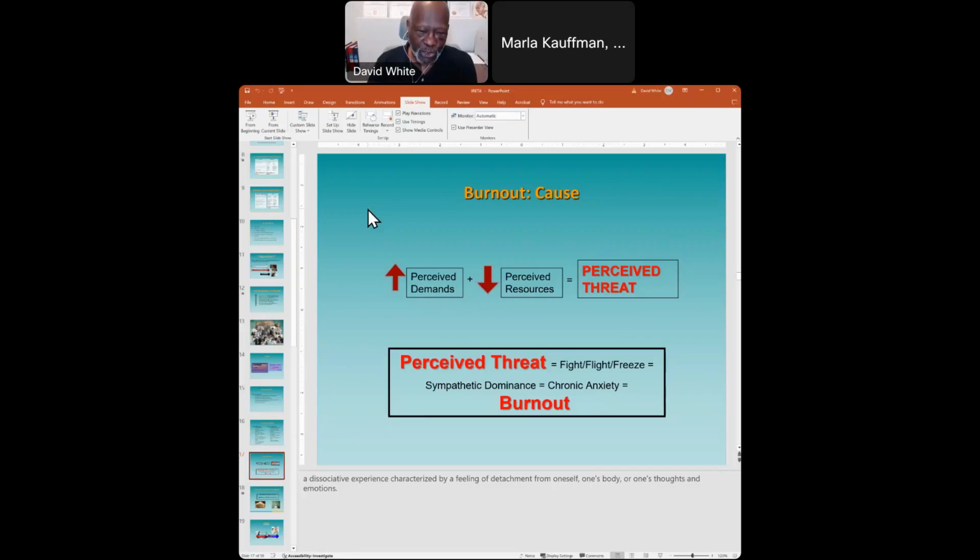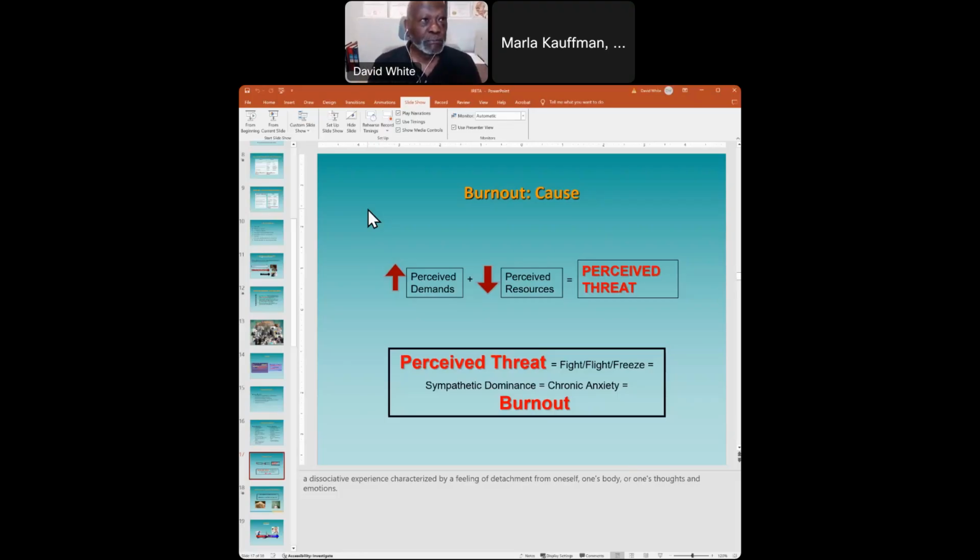Your autonomic nervous system picks up that something is off, and anytime you perceive a threat, your threat response becomes activated. And if the threat response stays activated, nothing happens to stop it from running wild.